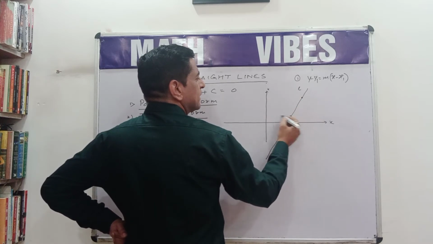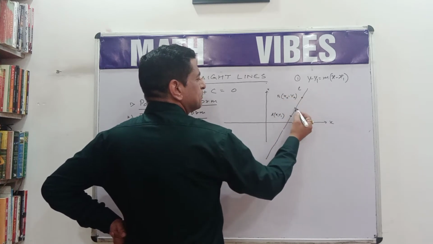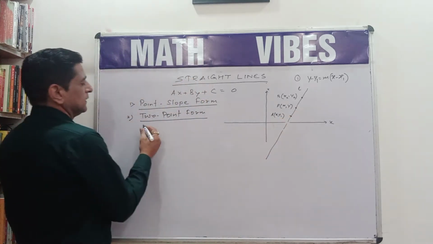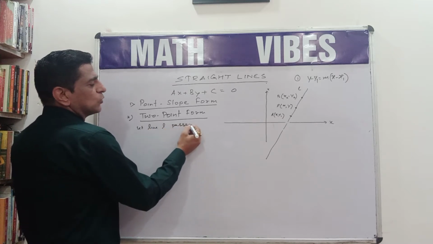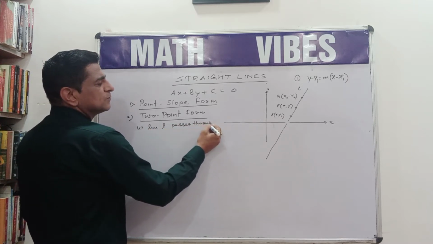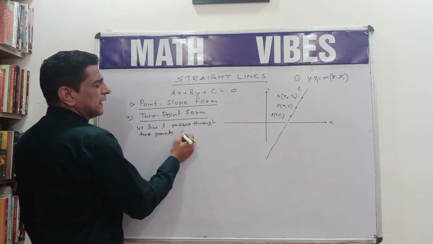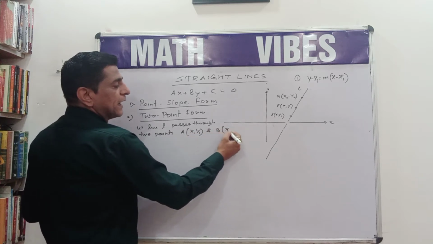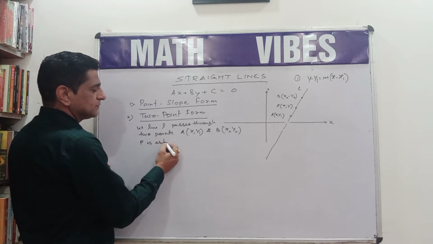Suppose this point is A (x1, y1) and this point is B (x2, y2), and P is an arbitrary point on the line.